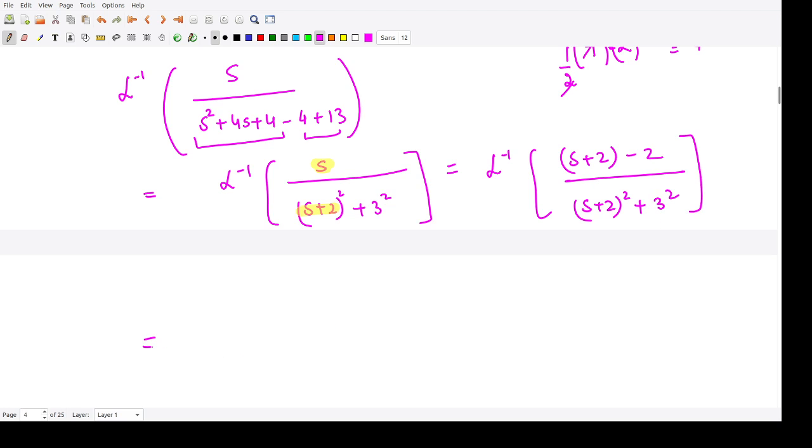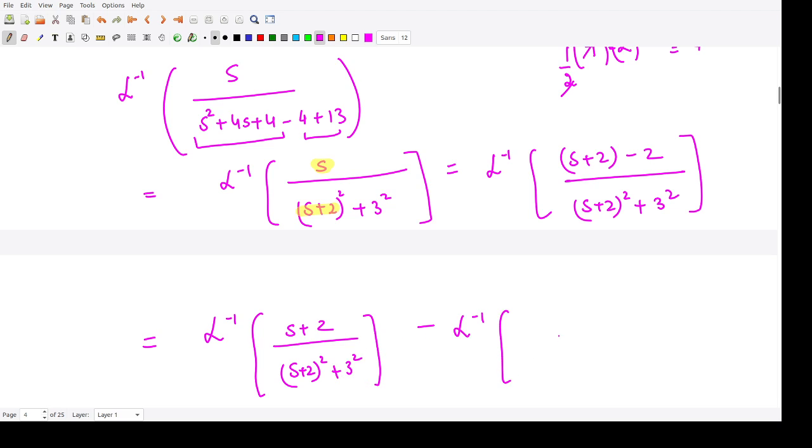So now we can separate out the terms. So it would be Laplace inverse of s plus 2 divided by s plus 2 whole square plus 3 square, and then we have minus 2 Laplace inverse of 1 divided by s plus 2 whole square plus 3 square. This term has been taken out. Okay.